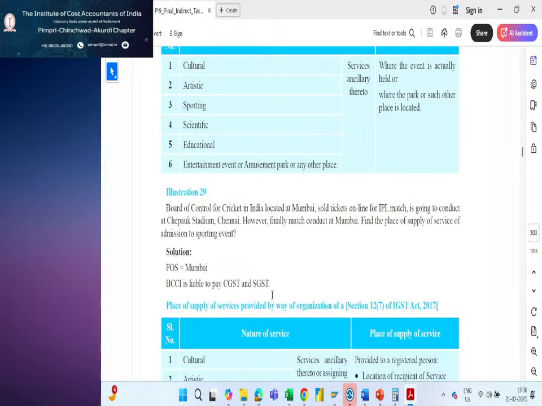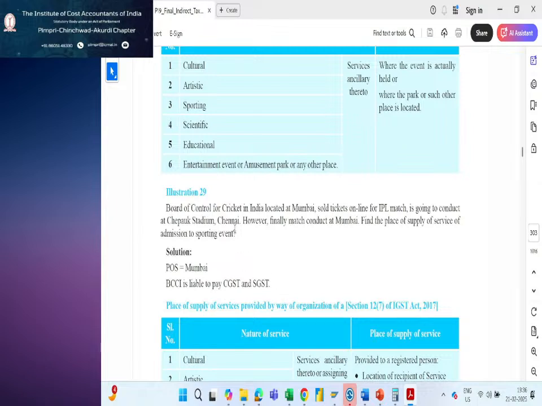Board of Control for Cricket in India, located at Mumbai, sold tickets online for an IPL match that was going to be conducted at Chepauk Stadium, Chennai. However, finally the match was conducted at Mumbai. Find the place of supply of service of admission to a sporting event. Where the event is actually held, that is the place of supply, which is Mumbai.